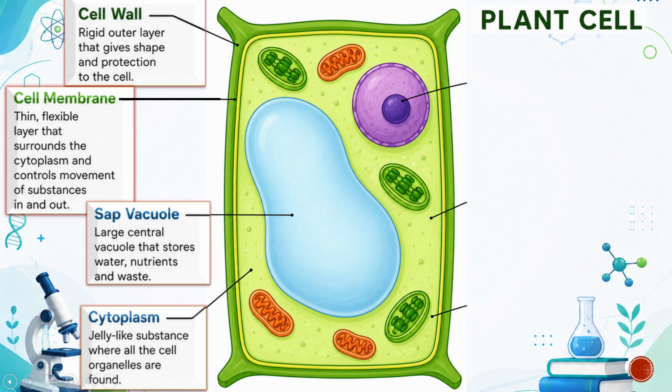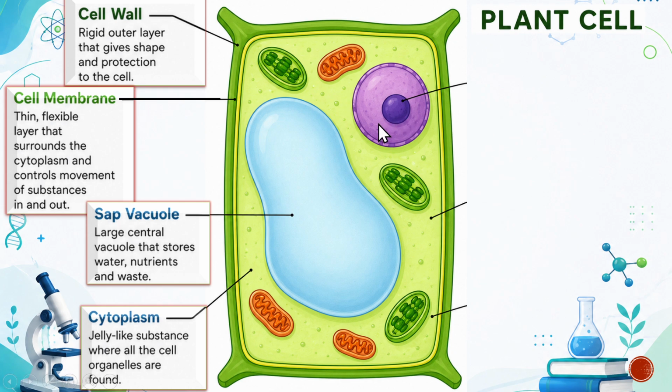Okay, here's the cytoplasm. As I mentioned, all this green part that you see across the inside of the cell is a jelly-like substance. Okay, and within this jelly-like substance, all the organelles of the plant cell are contained.